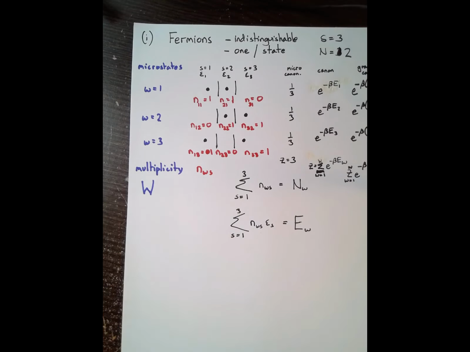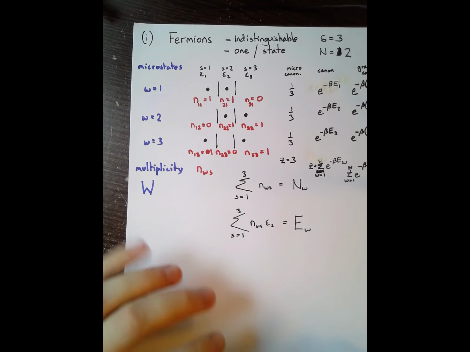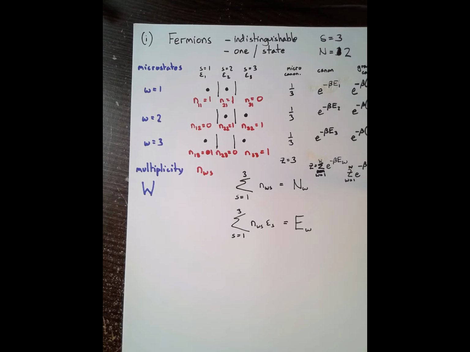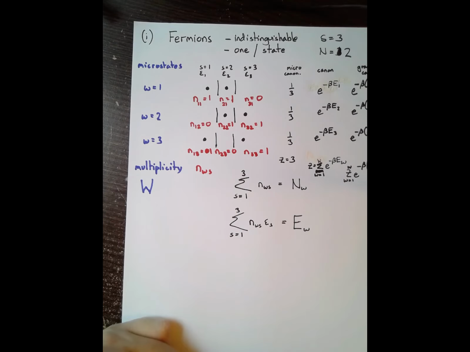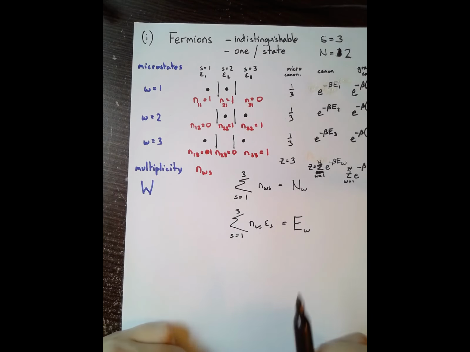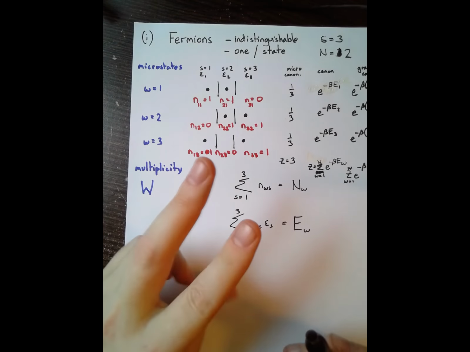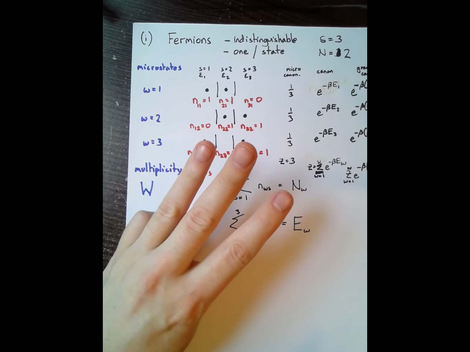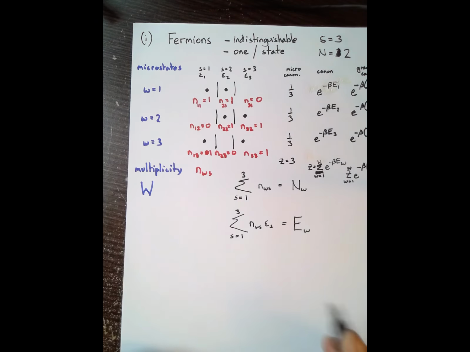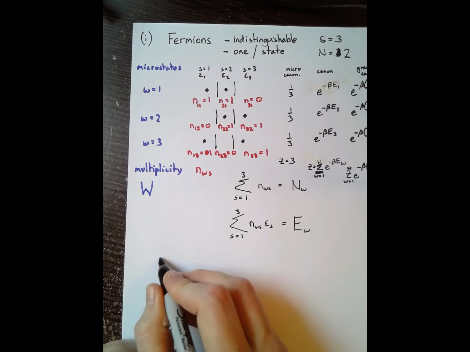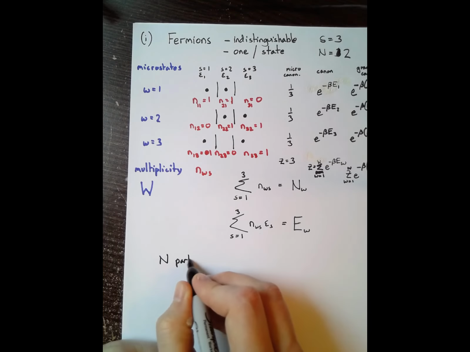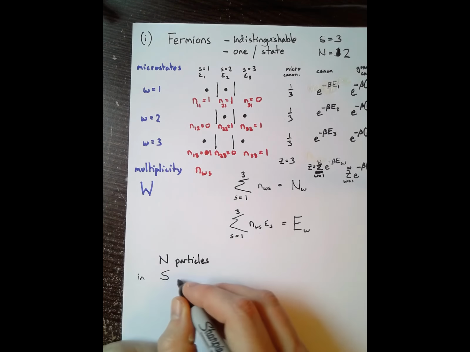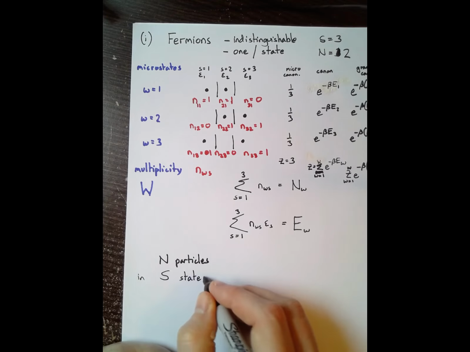How do I figure out the multiplicity? Well, for a bunch of fermions, it is a simple case of the combinatorial function. We have two particles that we can put one each in 3 spots. So we have N particles to be placed in S states, 1 per state.